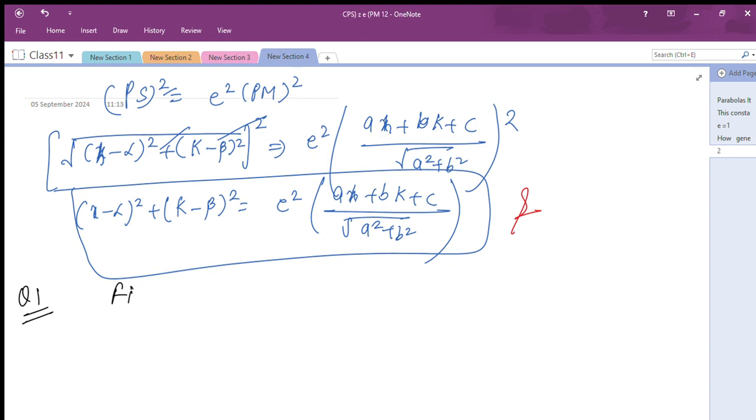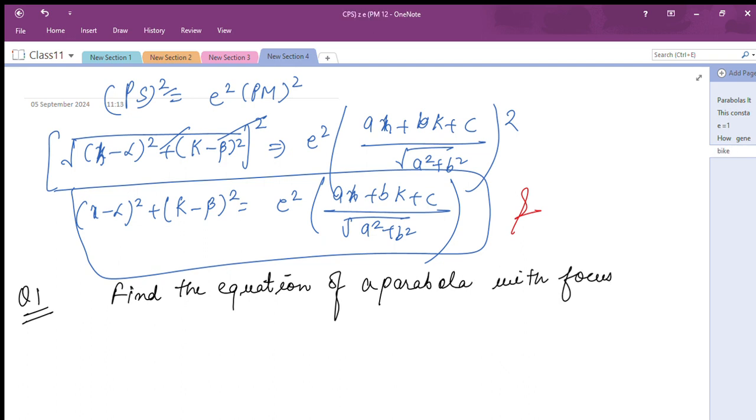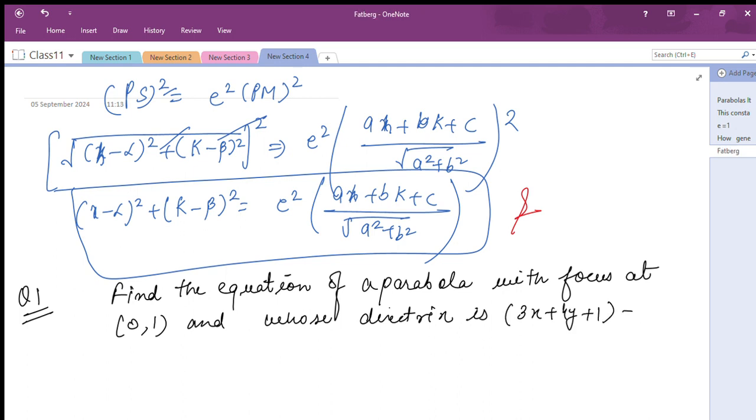Find the equation of a parabola with focus at 0, 1 and whose directrix is 3x plus 4y plus 1 equal to 0.